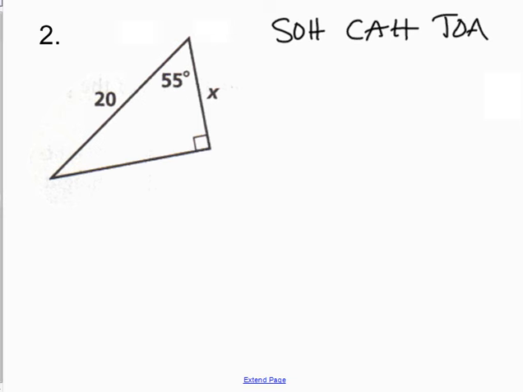All right, so I've got an angle here. I notice that I've got the hypotenuse and I've got the adjacent side. Adjacent, hypotenuse looks like it's going to be this one.